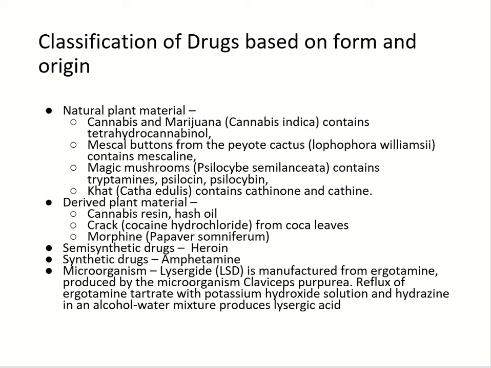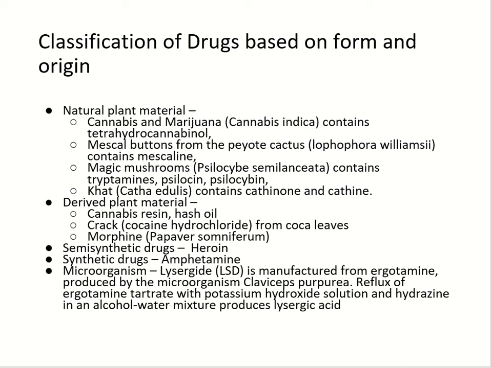First is natural plant material, examples of which are cannabis, mescal buttons, magic mushrooms, khat, etc. The derived plant materials are those whose origin is naturally plant but which are synthesized later. So these are cannabis resin, crack, morphine.